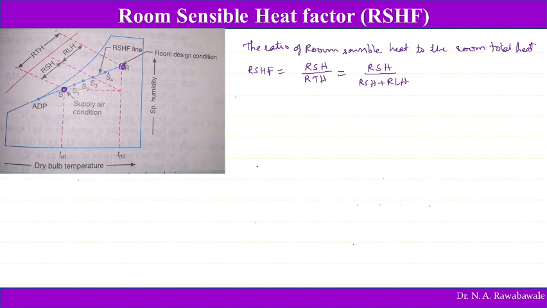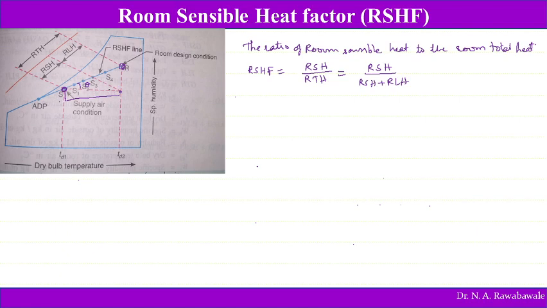The slope of this line gives the ratio of room sensible heat to the room latent heat. So the slope of this line, meaning the angle theta, gives us the ratio of room sensible heat. Room sensible heat means this heat, that is, the enthalpy difference.